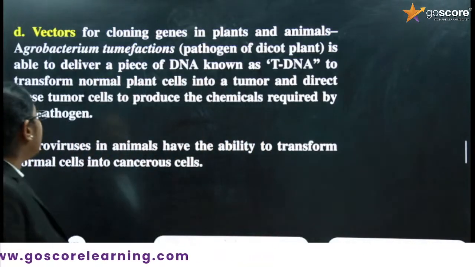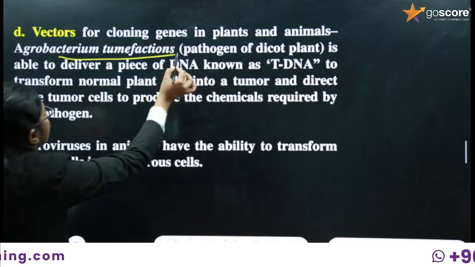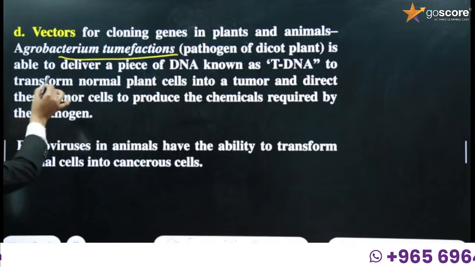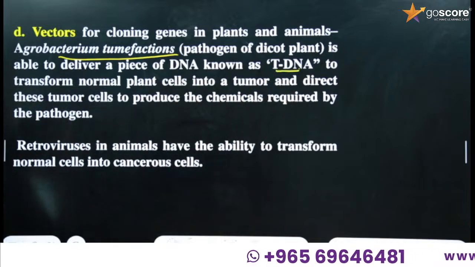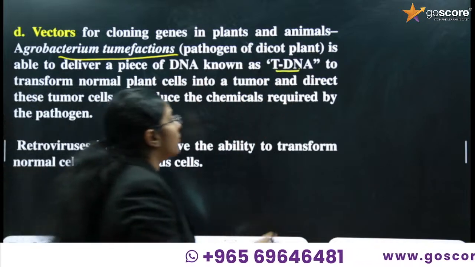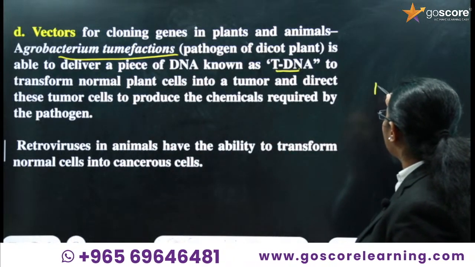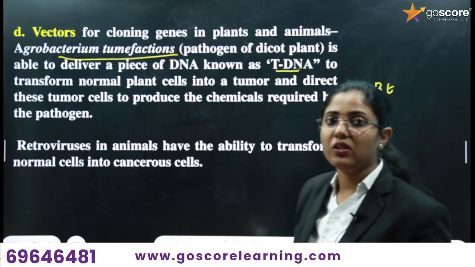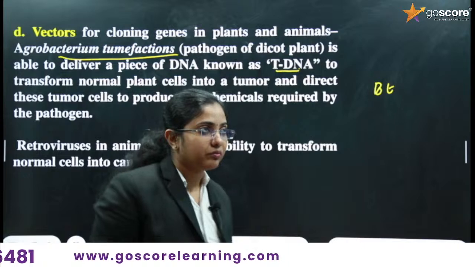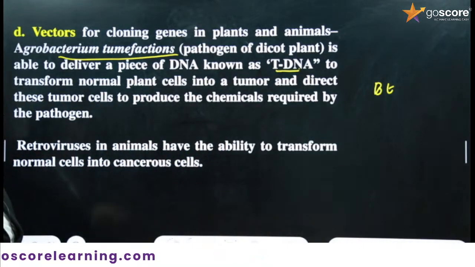Then vectors for cloning genes in plants and animals. Agrobacterium tumefaciens is able to deliver a piece of DNA known as T-DNA. This is in the case of plants. In the case of plants, you know about BT cotton, right? Also BT brinjal, biotechnologically modified brinjal, cotton, etc. can be formed.